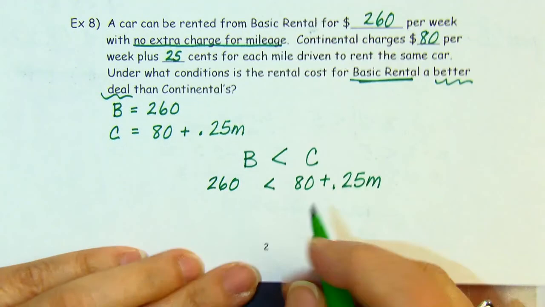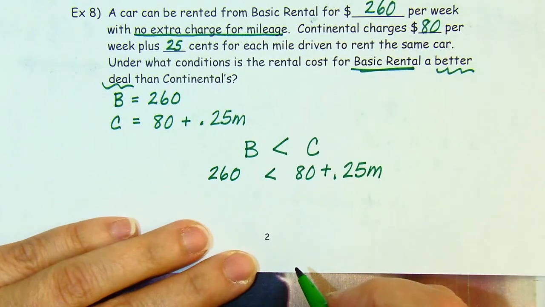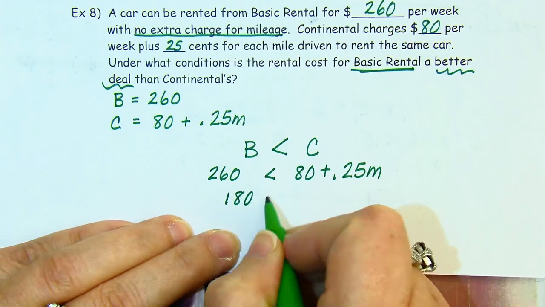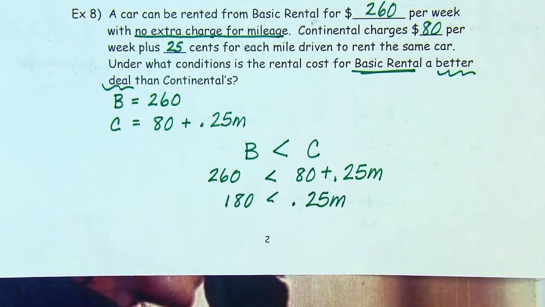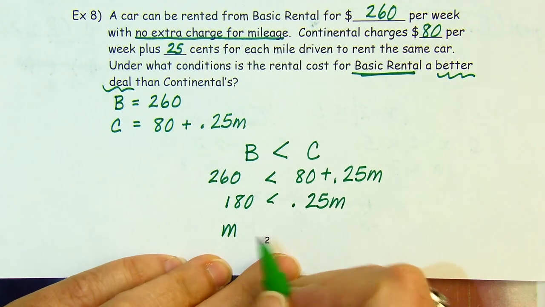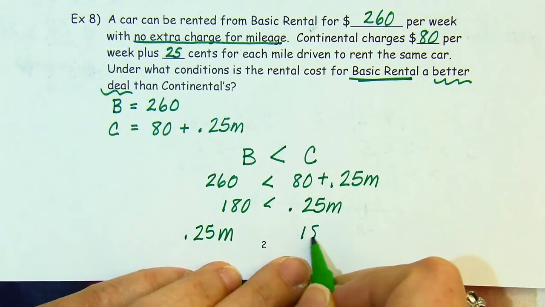So I'm going to combine this. I'm going to take the 80 over. 260 decreased by 80 is 180 less than 0.25 M. Now I like my M on the left side, so I'm going to switch sides. 0.25 M, and I'm going to move the 180 over here.